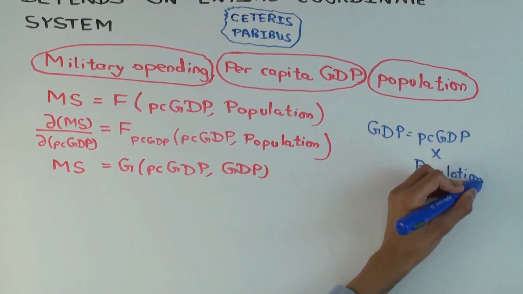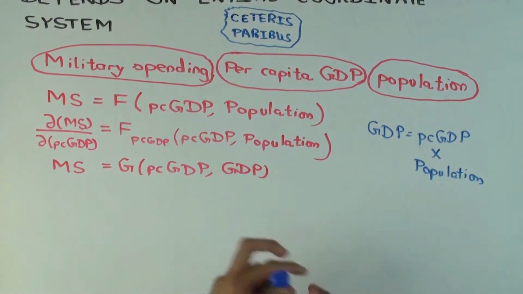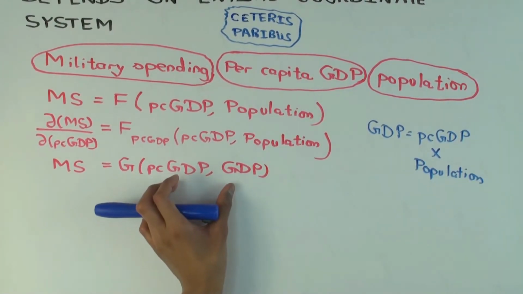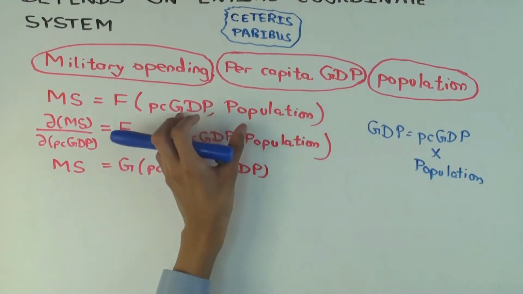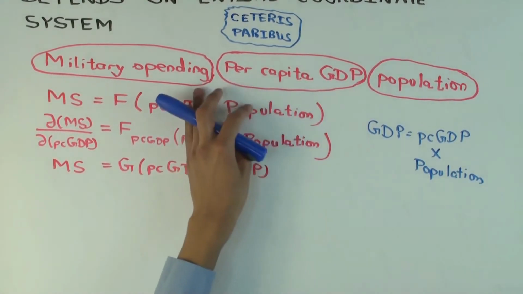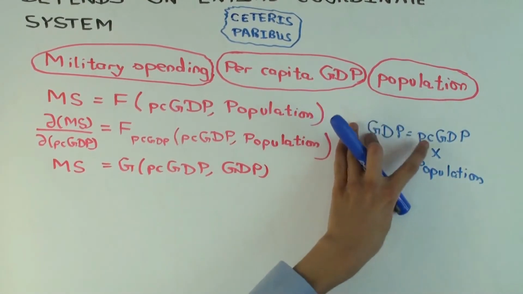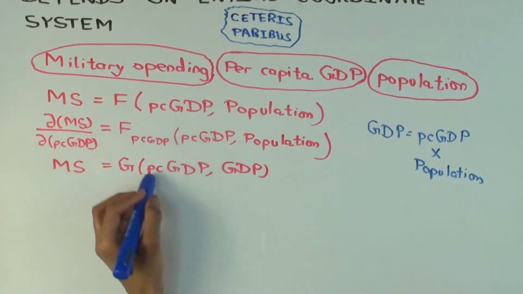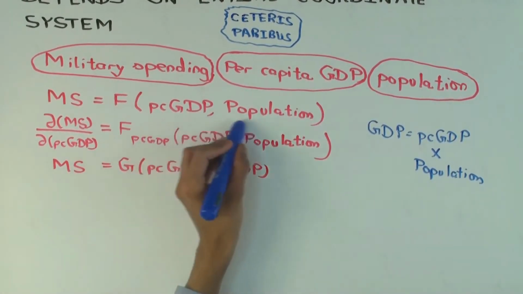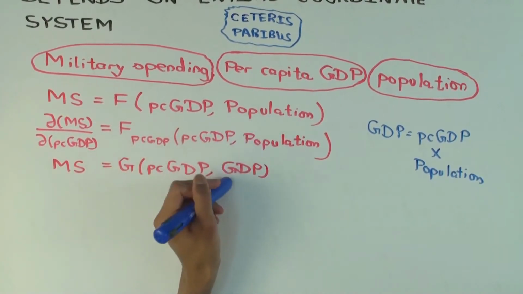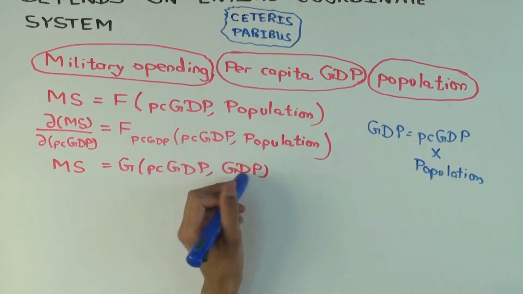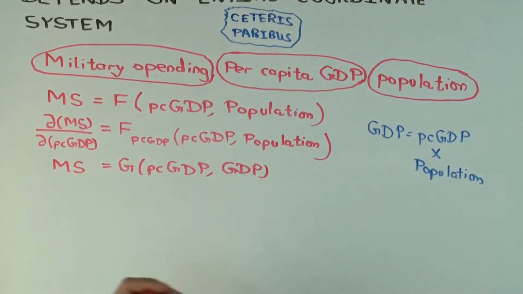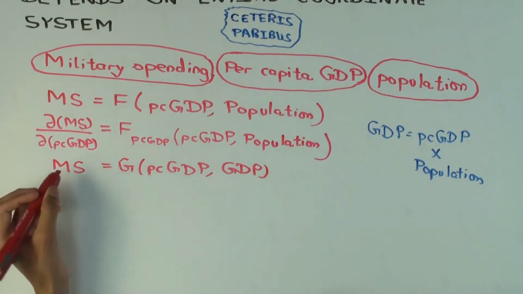So this is definitionally true, which means that if we want to write military spending as a function of per capita GDP and GDP, then we just look at this original function and replace population by the quotient of these two and then simplify. Alternatively, if we already have this expression and we want to get the expression for this, wherever in this expression we have GDP, we replace it by the product and simplify. So I can definitely get one expression in terms of the other.